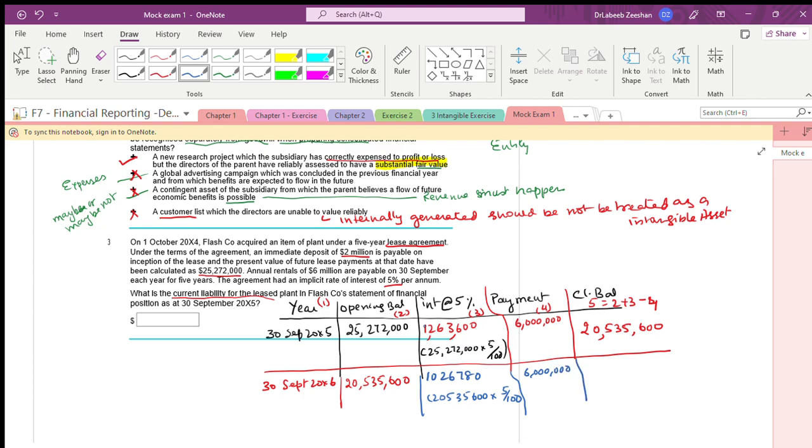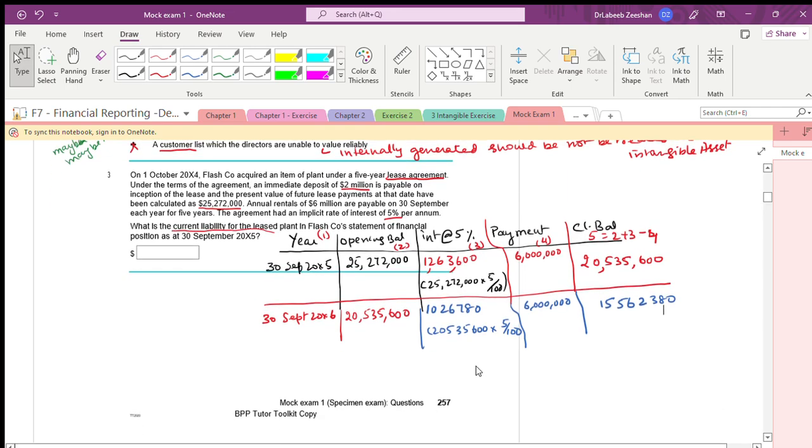What do you get? 25,35,600 plus 1026,780 minus 6 million. How much is there? 155,62,380. Fine.